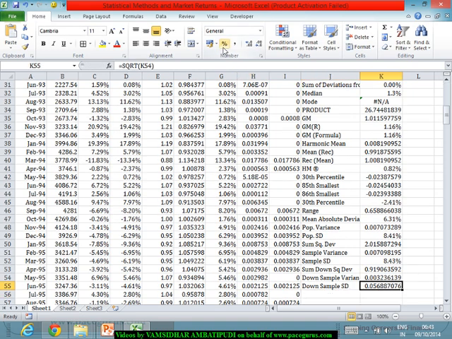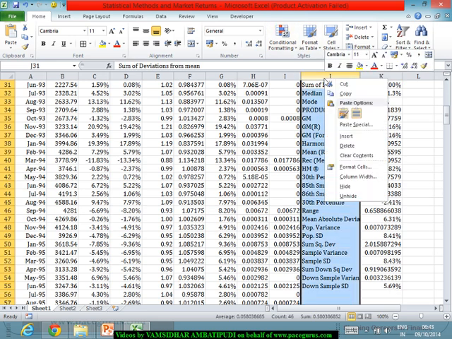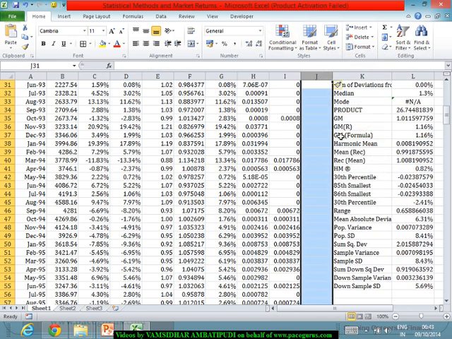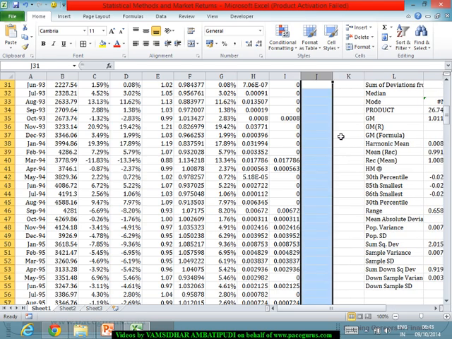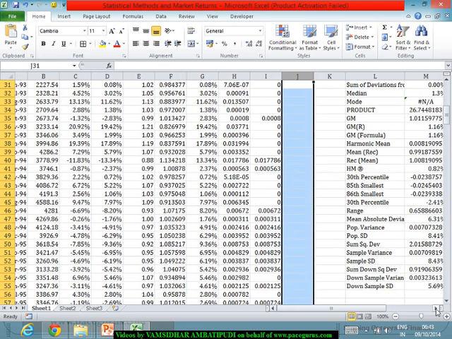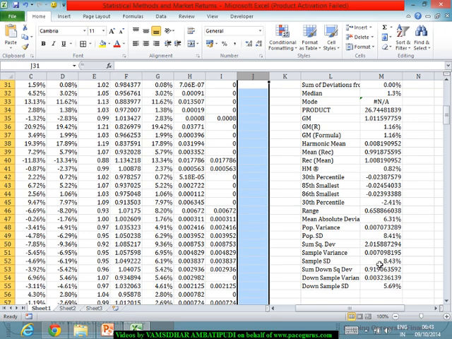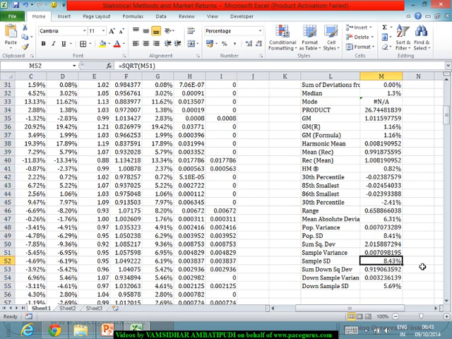5.68%. Only when I am considering the downside, my sample standard deviation has come out to 5.69% only. Right, when I am looking only at the downside, but when I looked at the overall sample standard deviation, it was 8.43%.